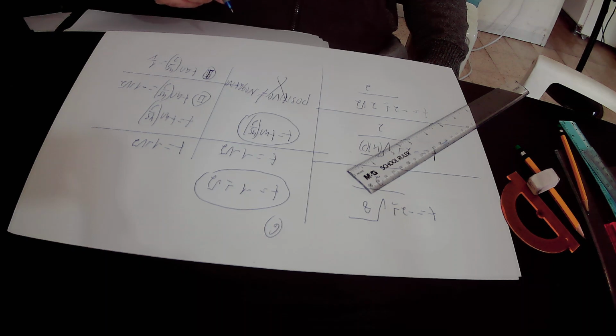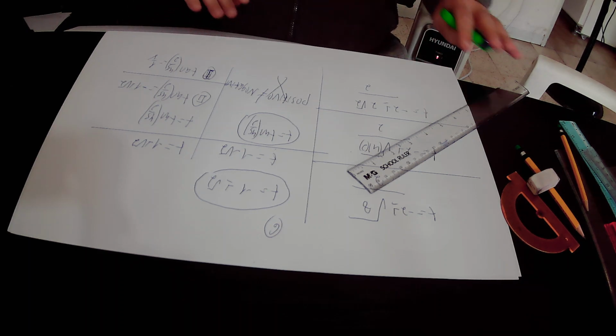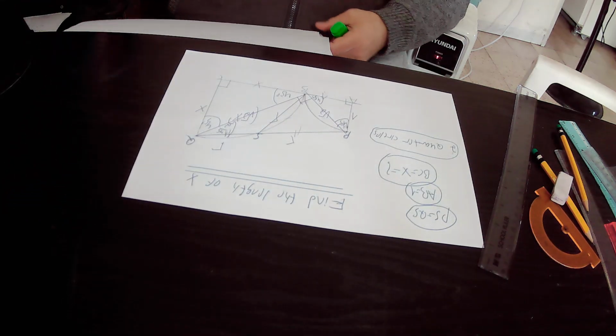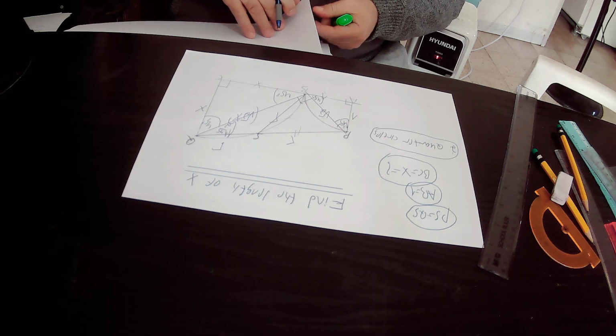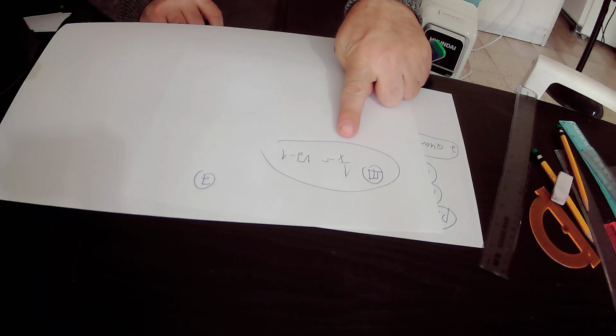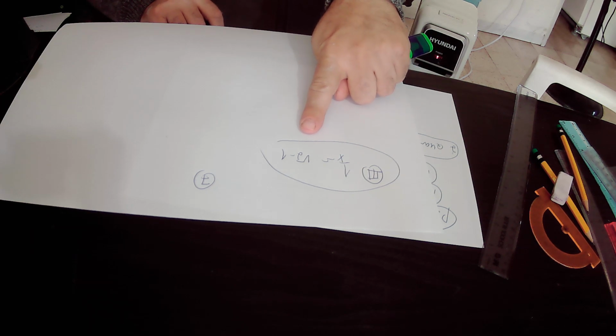Equation number 3 states that tangent 45 over 2 degrees according to equation number 1, that is 1 over x, must be equal to tangent 45 over 2 degrees according to equation number 2, that is square root of 2 minus 1.